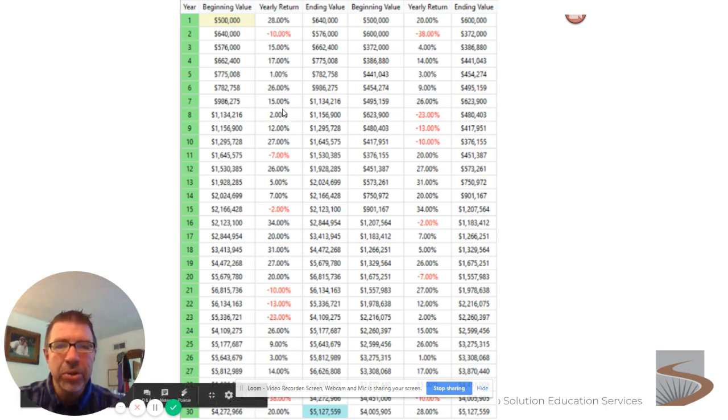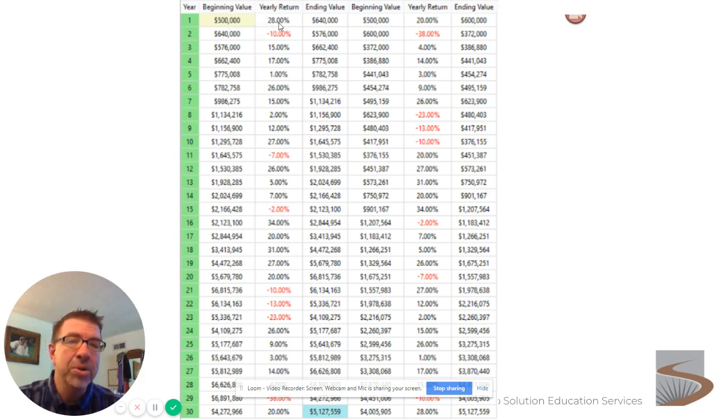The yearly return is in one order on the left-hand side, and in the reverse order on the right-hand side. So $500,000 in the first year gets a 28% return, grows to 640. In the second year, it loses 10%, and so on and so forth.